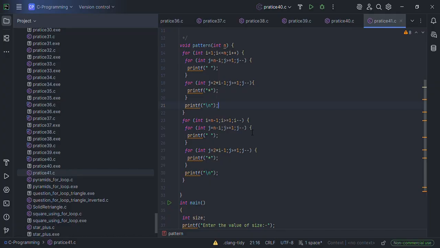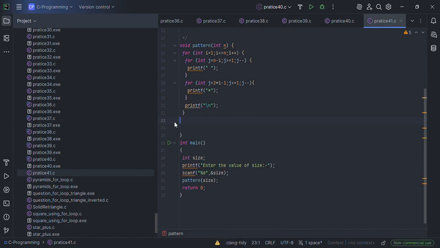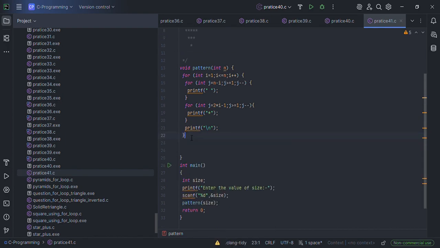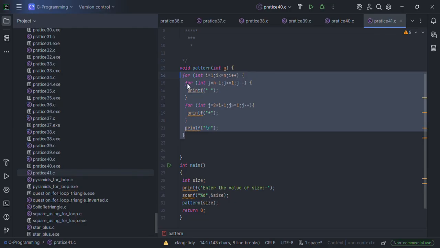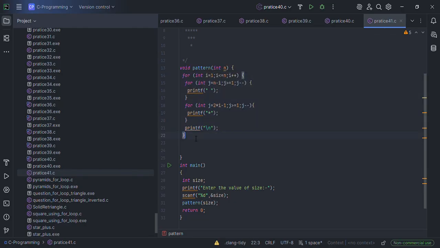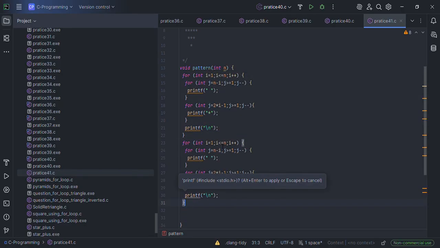It should work. Fine. You understand. Let me copy this. There's some changes.